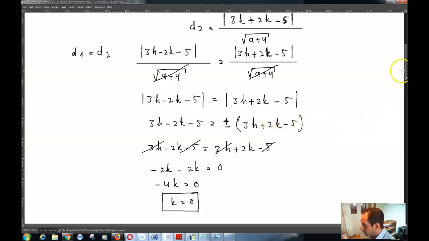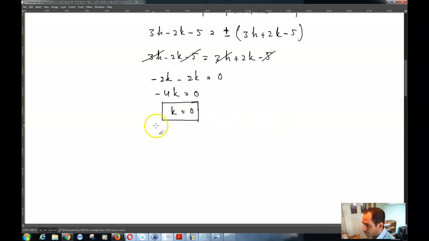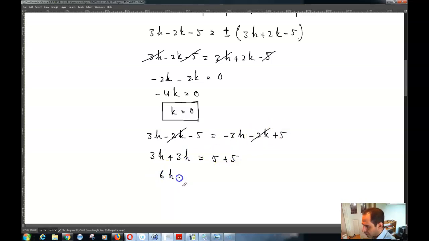And then there is one other possibility, that 3h minus 2k minus 5 is equal to the negative of this, which is negative 3h minus 2k plus 5. And so then the k's will cancel out, and you will get 3h plus 3h is equal to 5 plus 5. 6h is equal to 10. So that means that h is equal to 10 over 6, which is equal to 5 over 3. h is equal to 5/3.